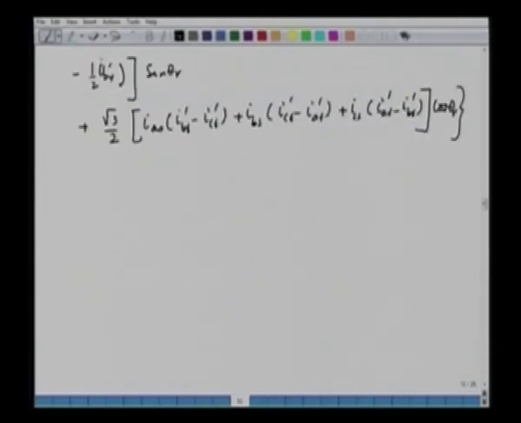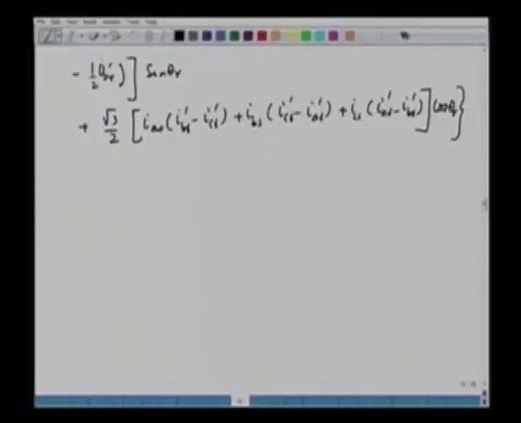Now, we see that this expression is complex, involving both the stator and the rotor currents. The stator currents are i_AS, i_BS, i_CS, and the rotor currents are i_AR, i_BR, i_CR, and it also involves sin theta r and cos theta r.